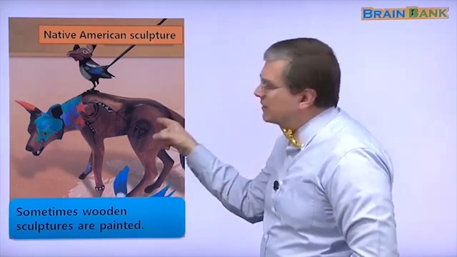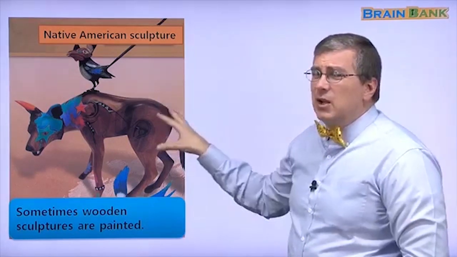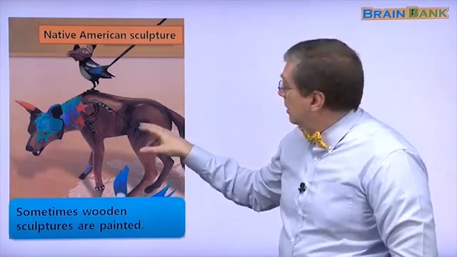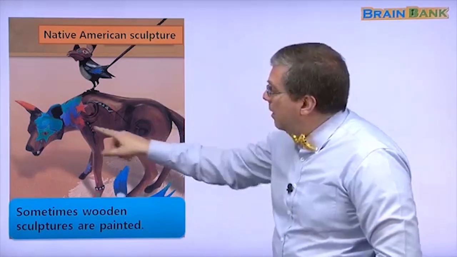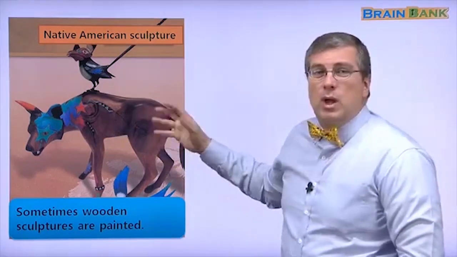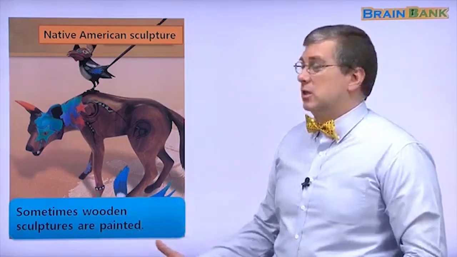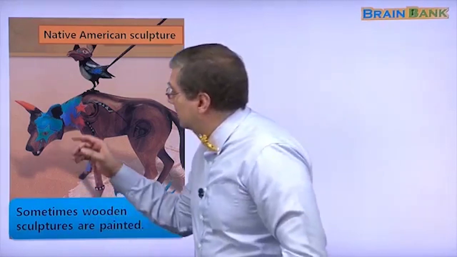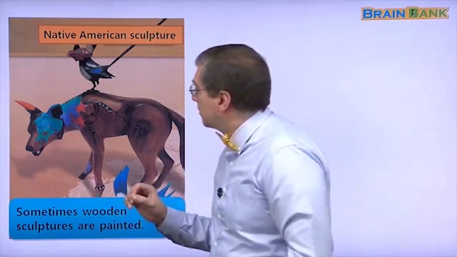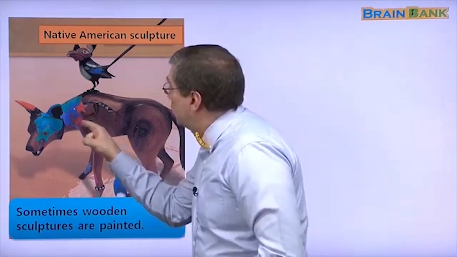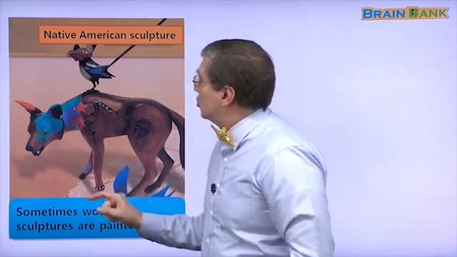But look, there's something interesting. Is it all one color? Wood is usually brown. This part is brown, but what color is this? What other colors do you see? We can see blue, 2 different kinds of blue. We can see purple. Purple is similar to blue. We can see red and orange.